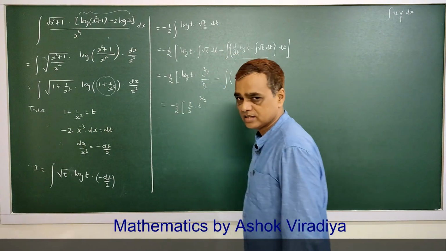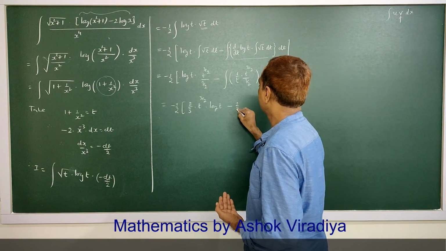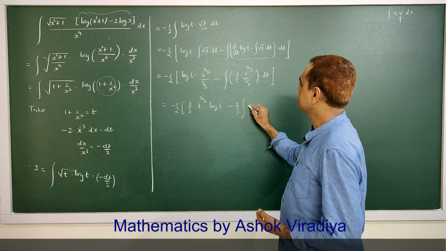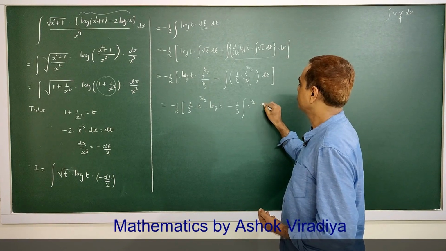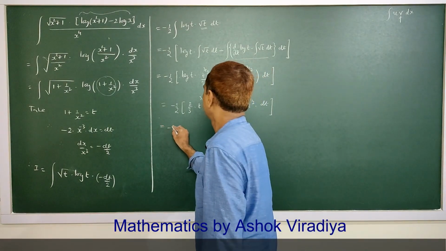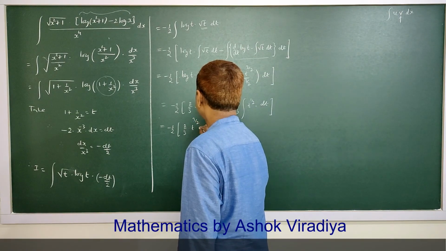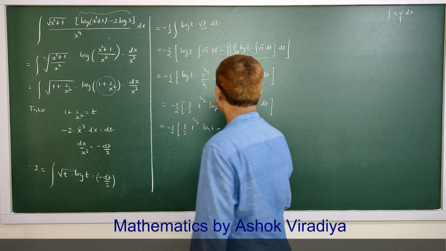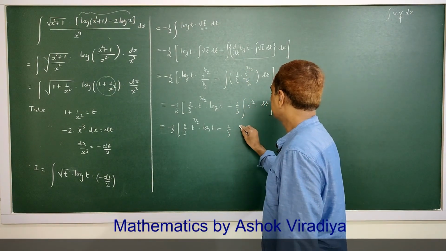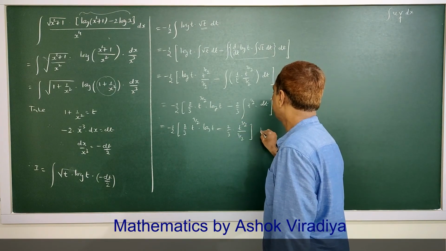I am putting that on the left side, log t on the right side, minus 2 by 3, t raised to 3 by 2 upon t, which is t raised to 1 by 2 dt. So it is equal to minus 1 by 2, 2 by 3 into t raised to 3 by 2 log t minus 2 by 3 into t raised to 3 by 2 upon 3 by 2 plus c.